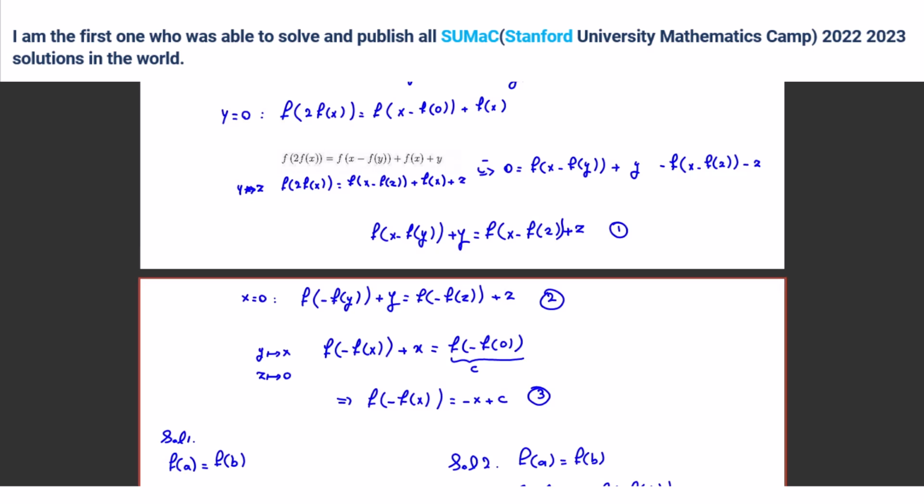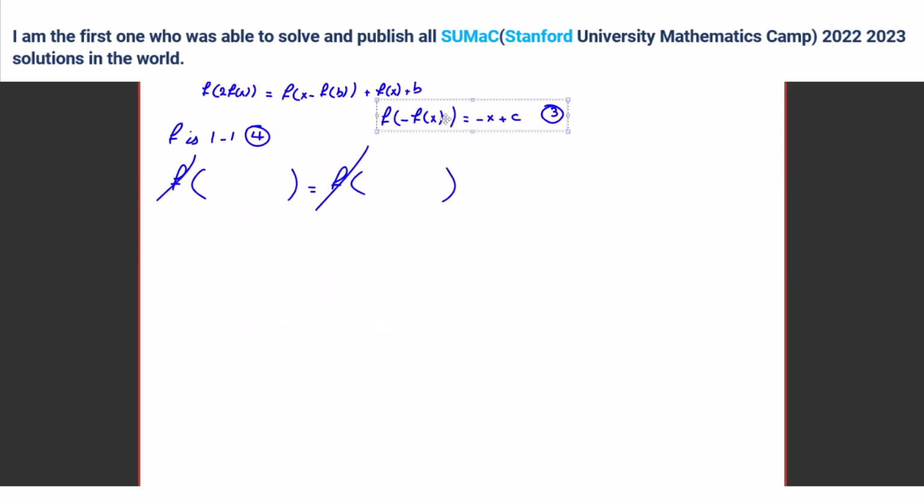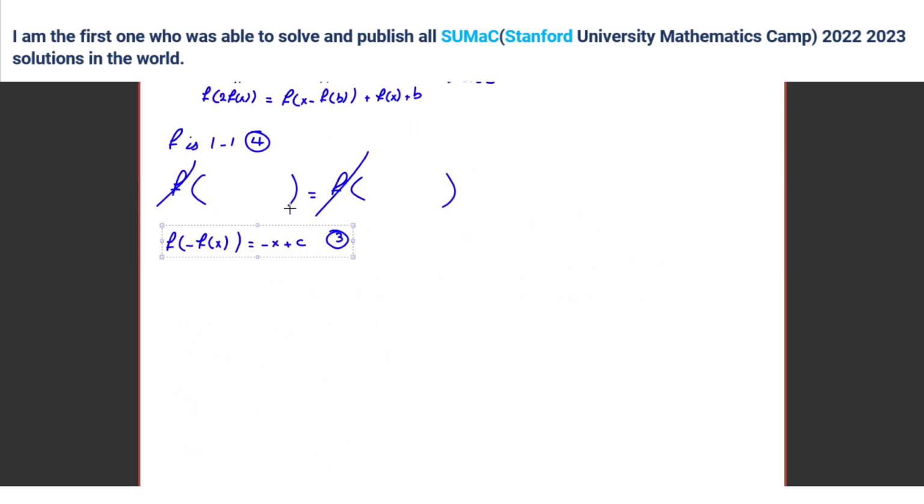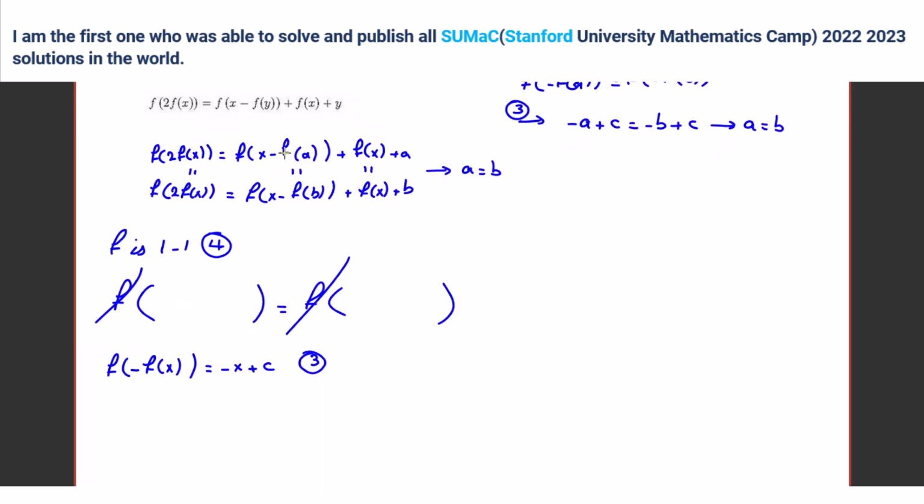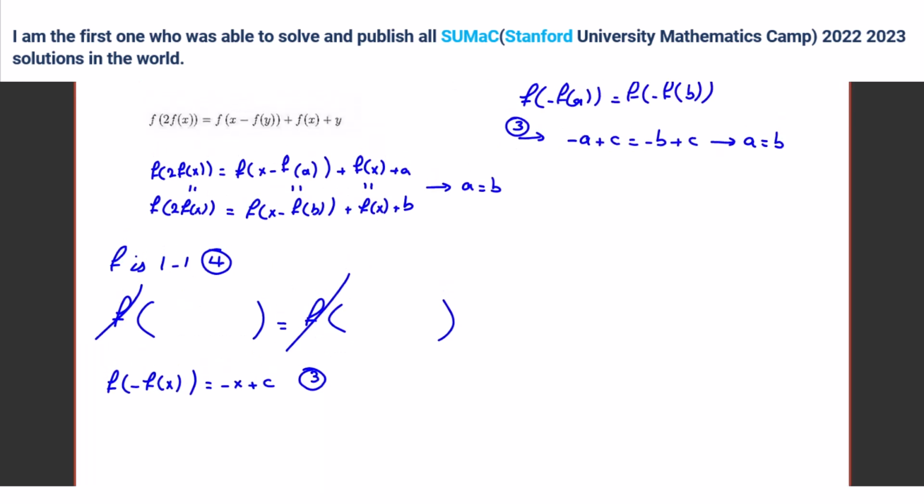Let's consider, for example, the third result that we reached, and f is one-to-one. We also have this equation. Because we can cancel f, it's good to replace x and y with something to reach something like this and cancel f's.